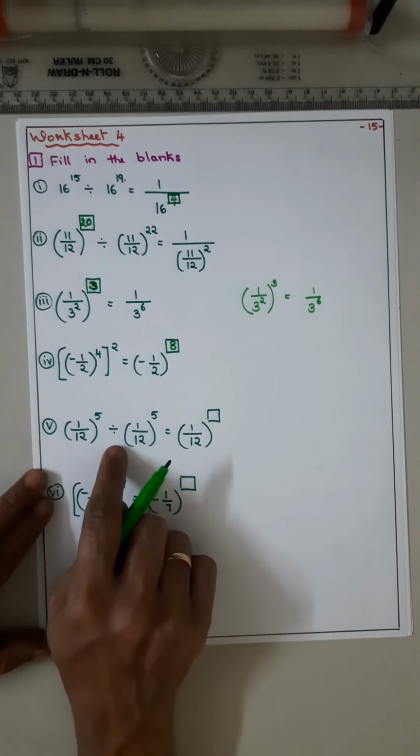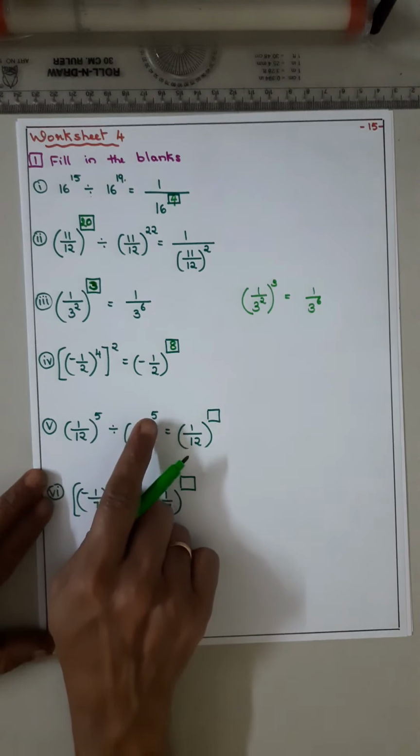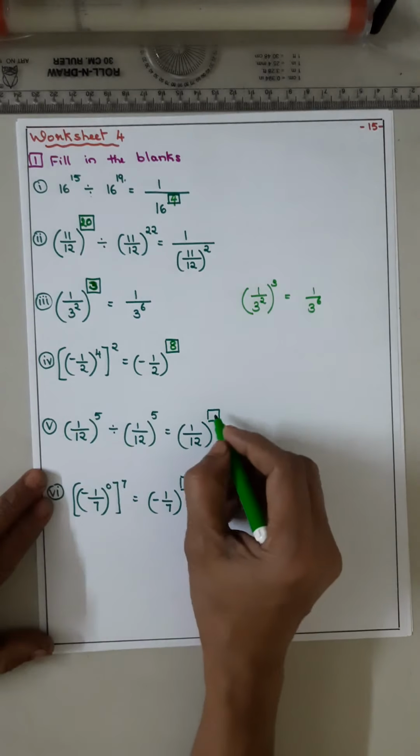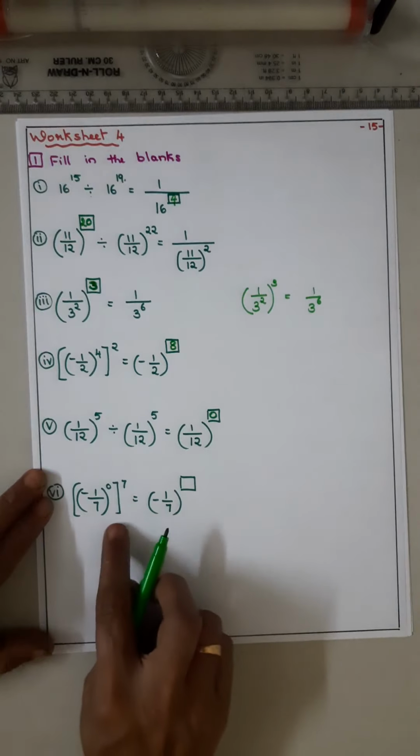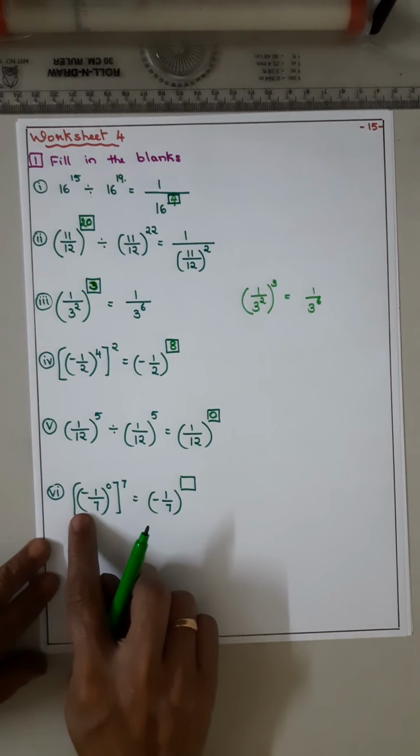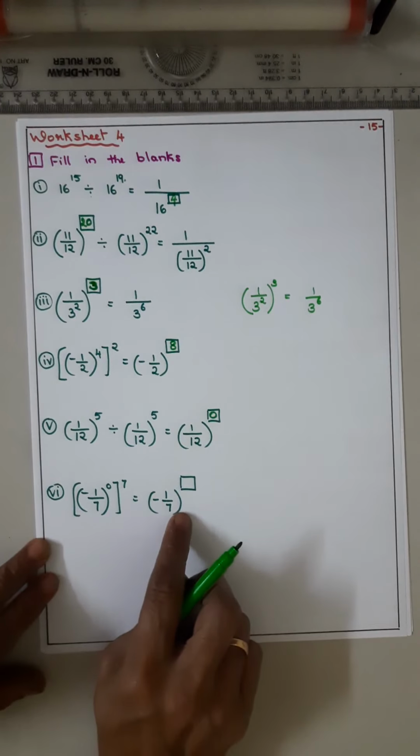In between division, subtract the powers. 5 minus 5 is 0. Now here -1 by 7, -1 by 7.